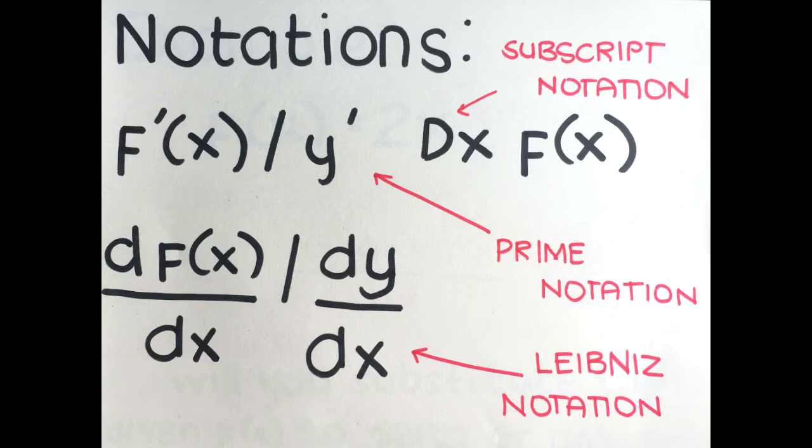And for the last one, Leibniz notation, we have the derivative of f of x with respect to x, or simply d f of x over dx. Another one is the derivative of y with respect to x, or dy dx.